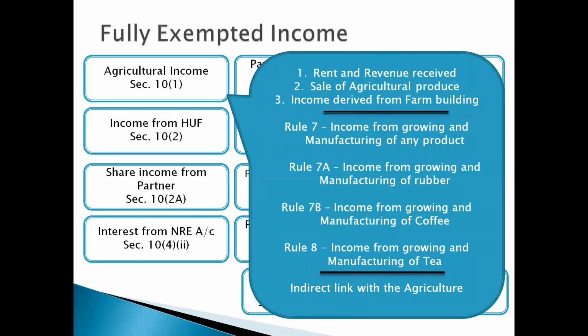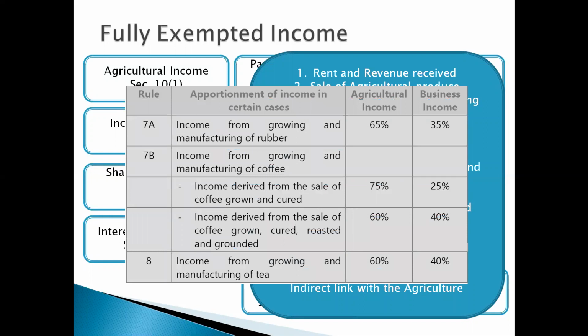Agricultural income includes rent and revenue received, sale of agricultural produce, and income derived from farm building. And there are four rules which help us divide between the business income and the agricultural income for these four natures of income. These are the percentages.